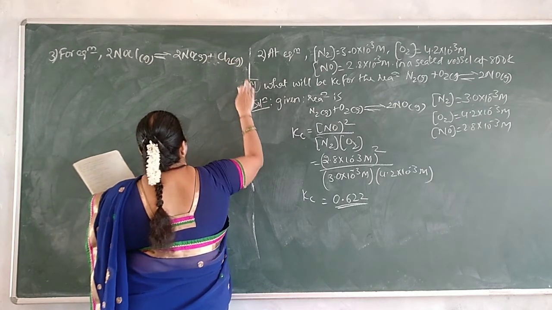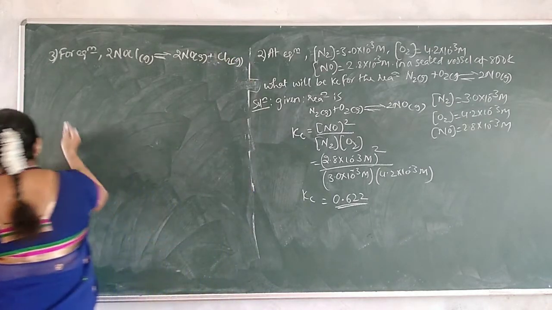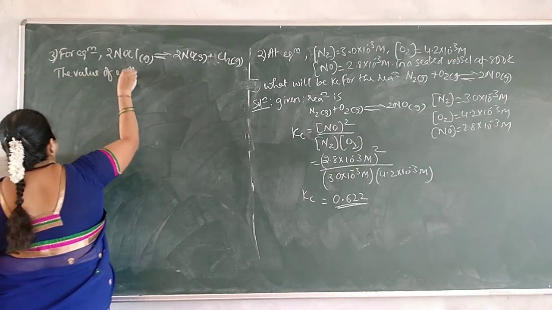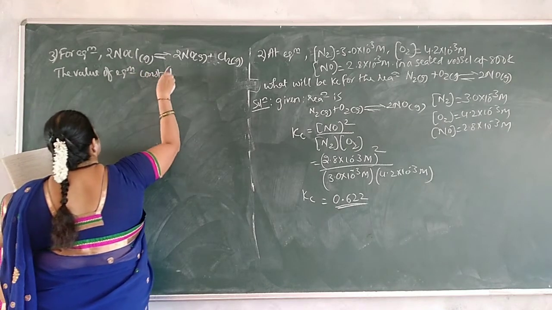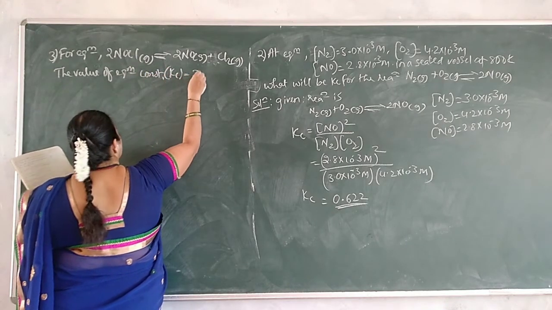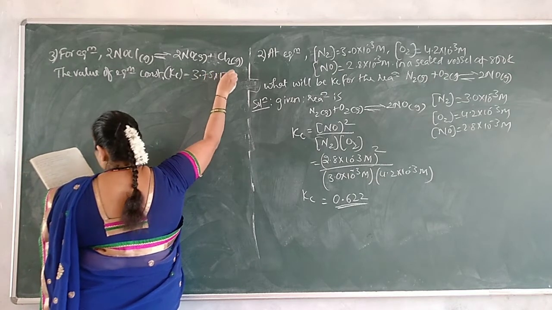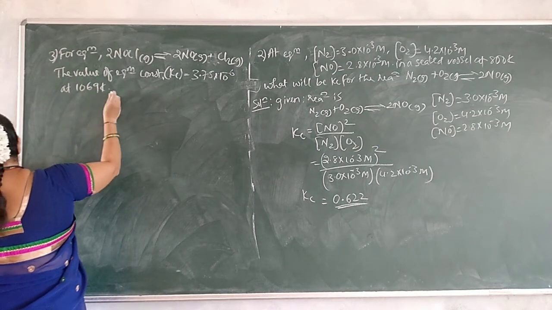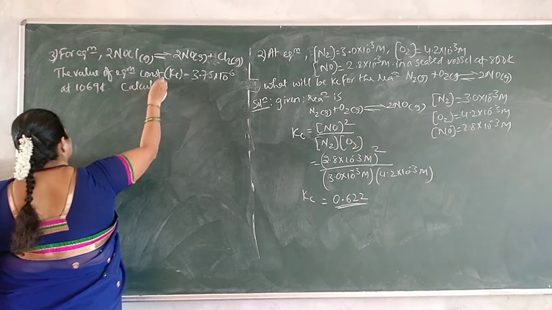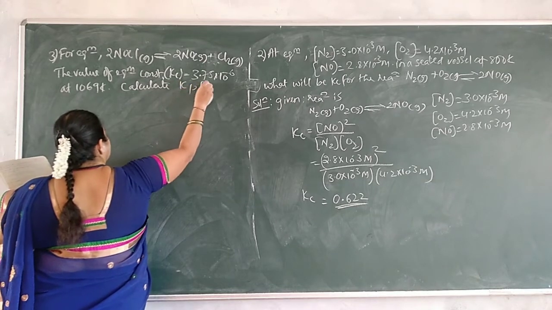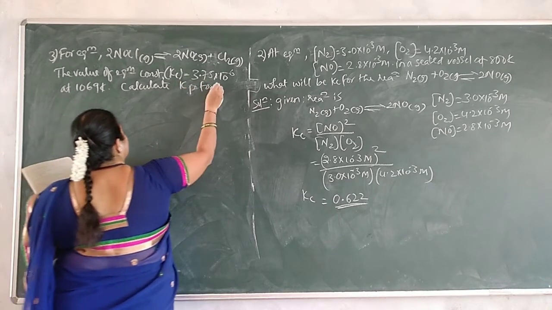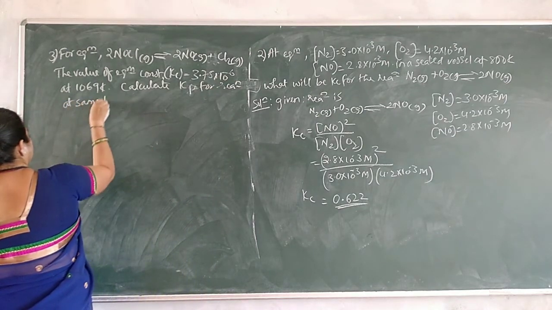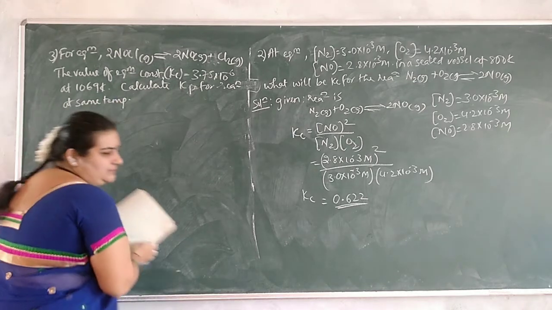So here value of equilibrium constant Kc is equal to 3.75 into 10 raised to minus 6 at 1069 Kelvin. Calculate Kp for the reaction at the same temperature.